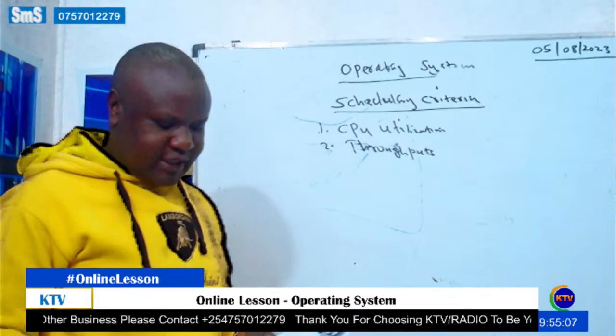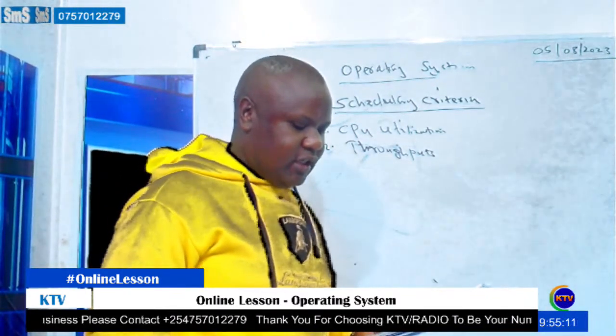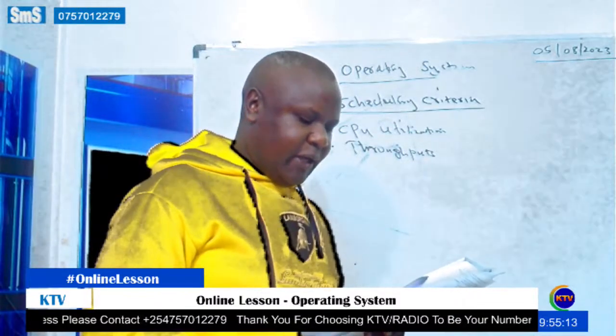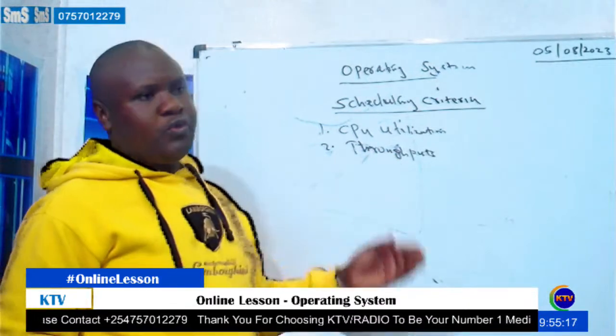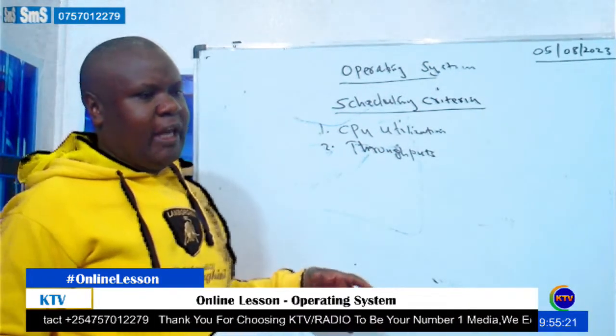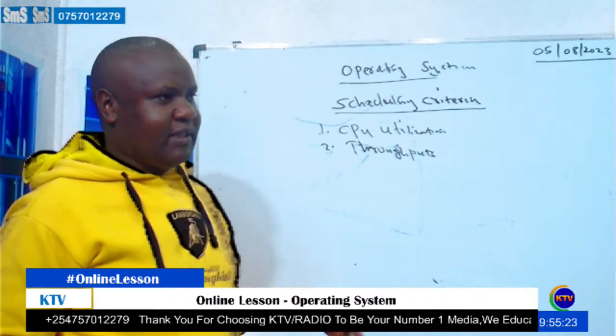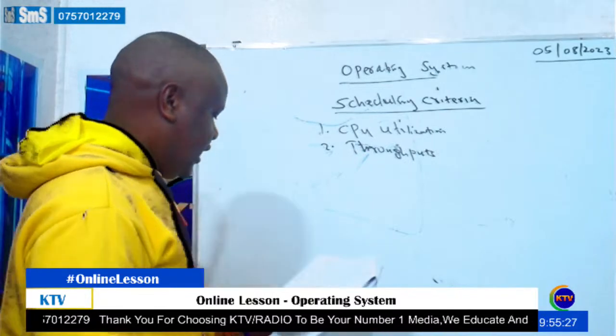The number of processes completed per unit time may range from 10 per second to 1 per hour, depending on the specific processes. So the number of items that pass through a system is one of the things that we consider.